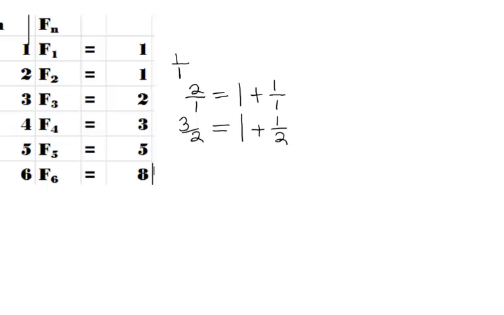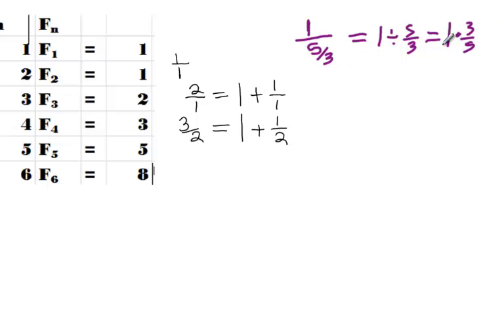But I need to review a little bit about fractions with you. If you have, say, a number, 1, divided by another number, say 5/3, you know how to do fraction division. You invert the second number, so it's 1 times 3 over 5.